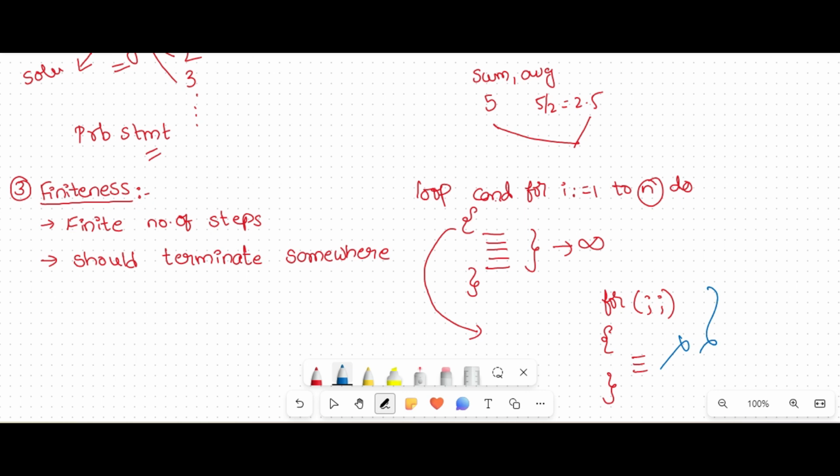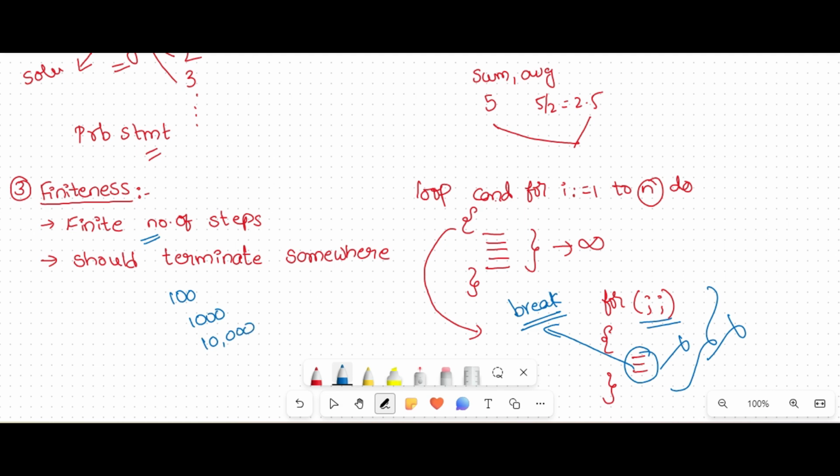So these type of statements you should not write in an algorithm. Compulsory, it should terminate somewhere. If you have written like this, compulsory in the program it should terminate, like break statements you should write, in the program terminology. Finite number of steps is nothing but, of course, you will write 100 statements or 1000 statements or 10,000 statements.